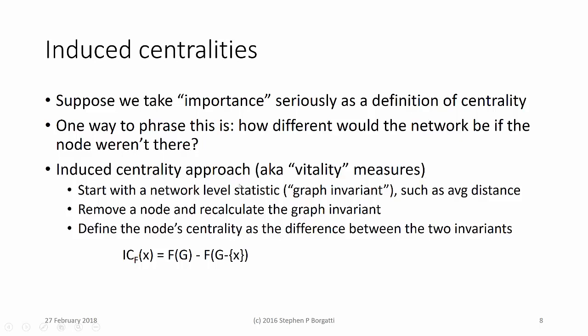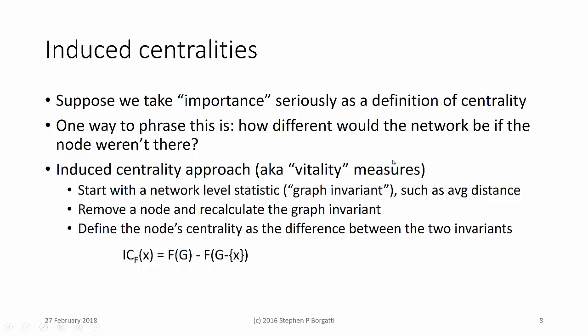So it starts with a network level statistic that we call a graph invariant. That's something like the average distance between all pairs of nodes, or it's the density of the network, or it's the amount of centralization, or it's the number of friends that people have with each other on average, or any network level statistic we can think of.